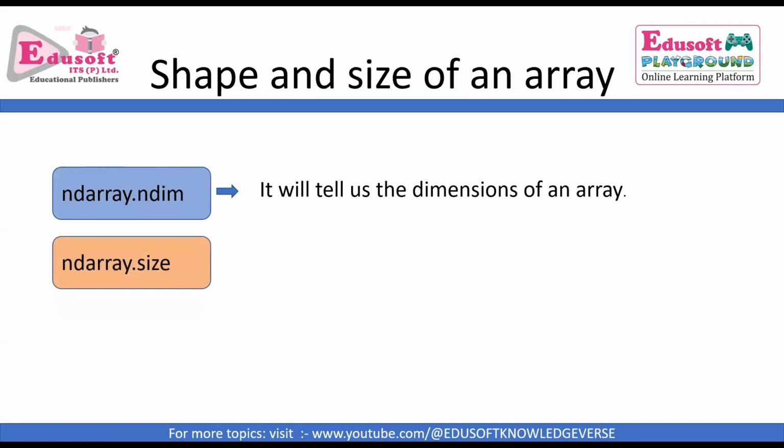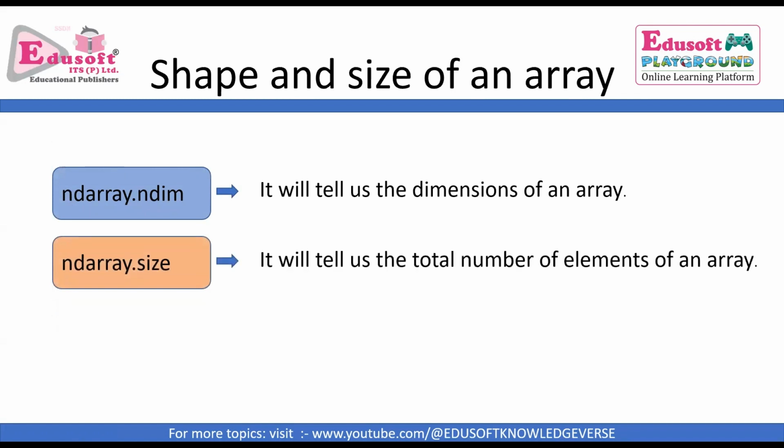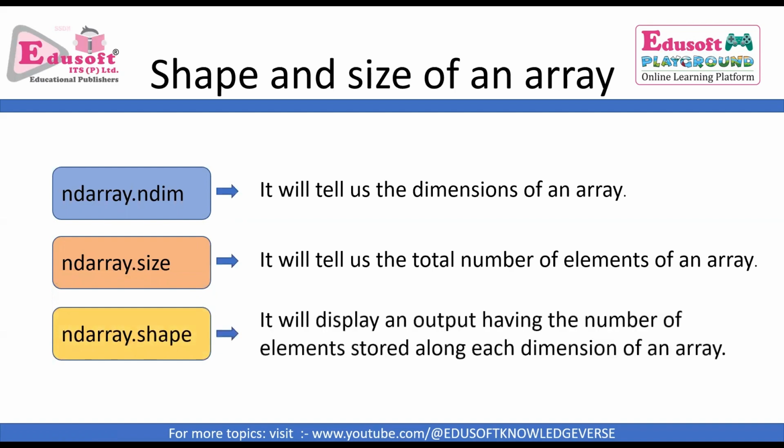The second one is ndarray.size. It will tell us the total number of elements of an array. If your array has 6 elements in it, the output of the .size method will be 6. The next is ndarray.shape. It will display the number of elements stored along each dimension of an array. It will display the number of rows and the number of columns.